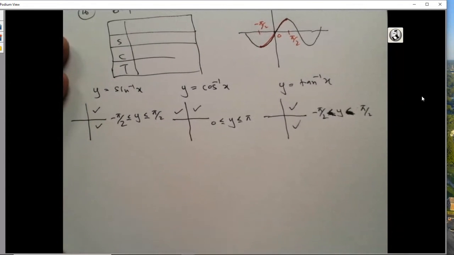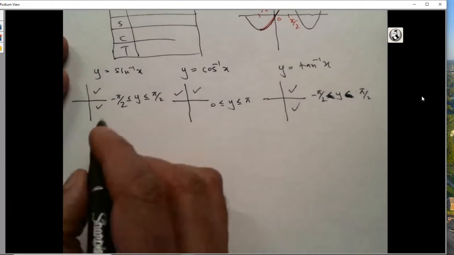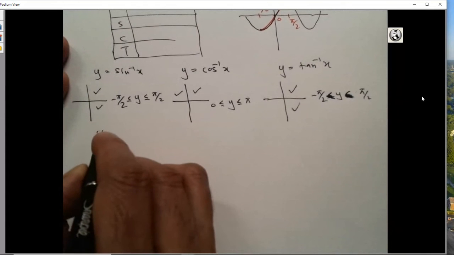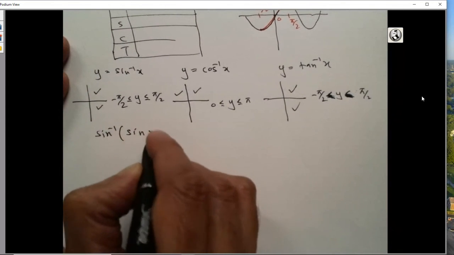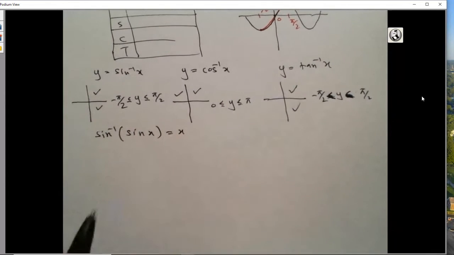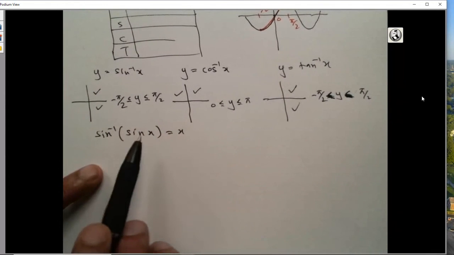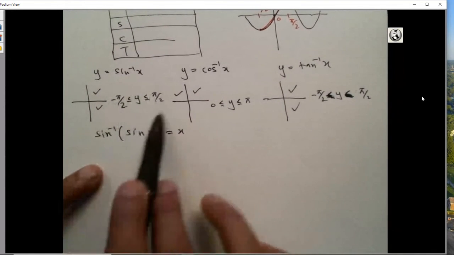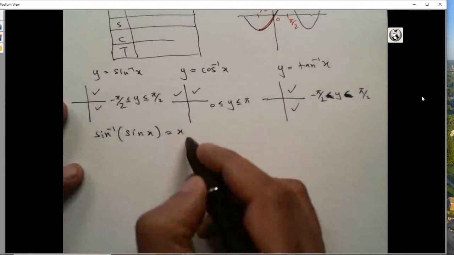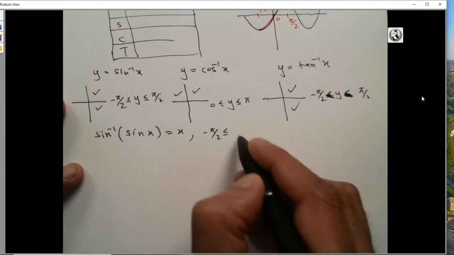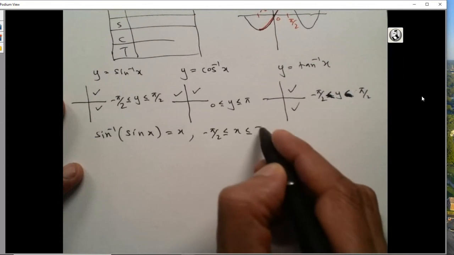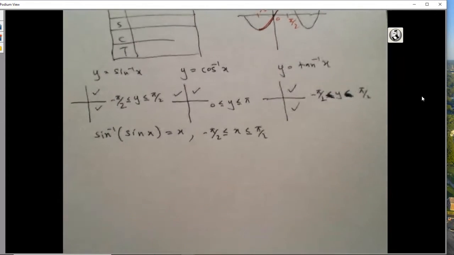And then also we have this inverse property. Remember the inverse function property? That means if you take the inverse, you get the x back, but it's not exactly correct here. For this one, you want to make sure that x is inside negative pi over 2 to positive pi over 2 to cancel out.